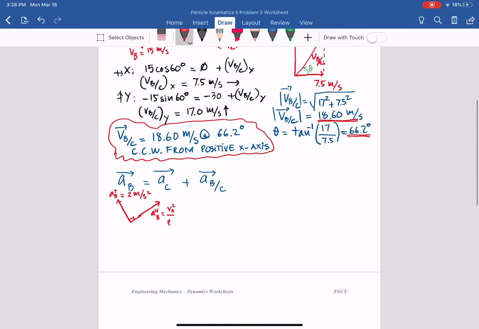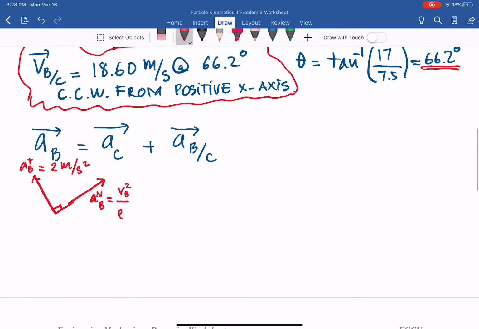Plugging in, you have 15 squared over 100, which equals 2.25 meters per second squared.